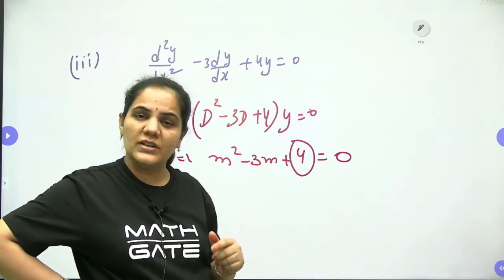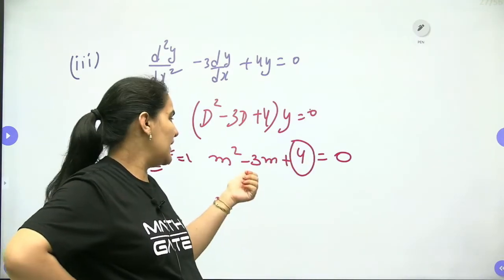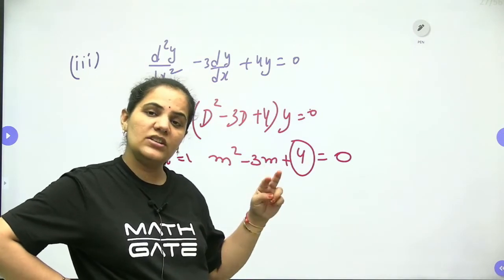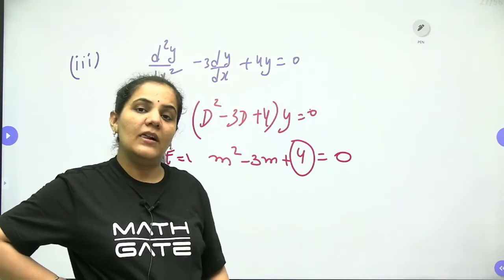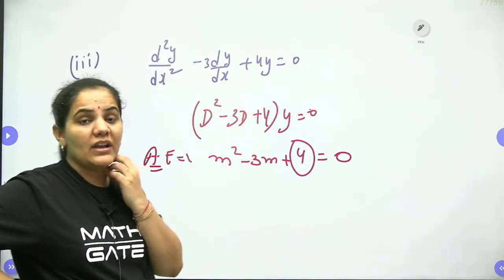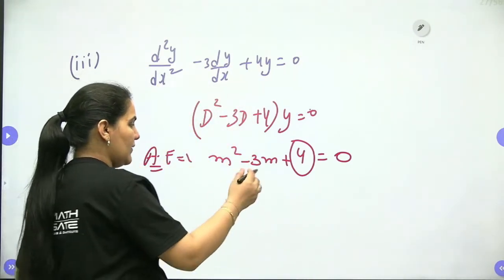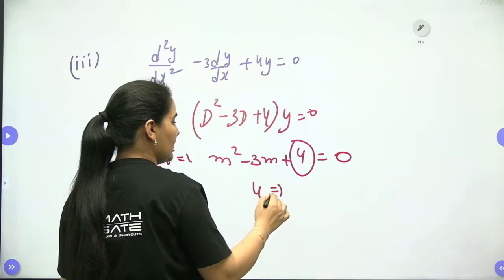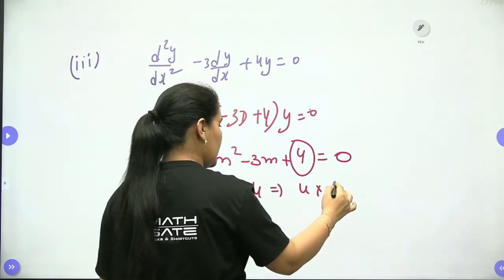Product is 4 means 4 and 1, but with the negatives, the product is 4 and by addition or subtraction we should get minus 3. So can we get those two values? When we approach, just look here guys, 4 will be 4 into 1.